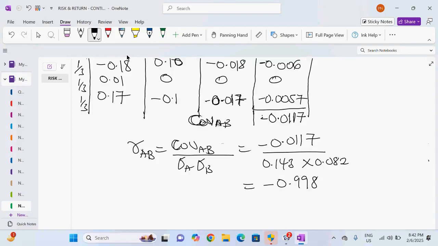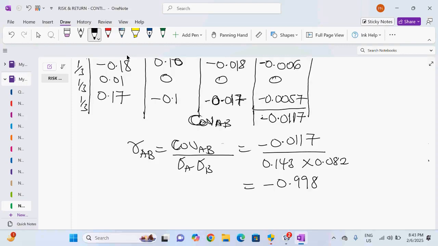Who can explain that? Okay, so it's negative, which means that the two assets are moving in the opposite direction, right? When we are having a negative relationship, they are moving in the opposite direction.